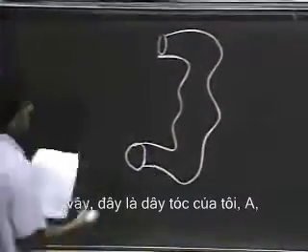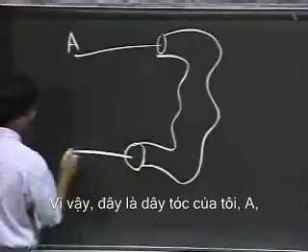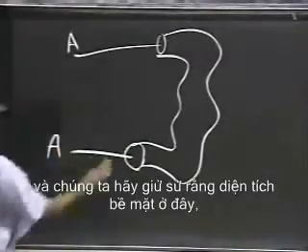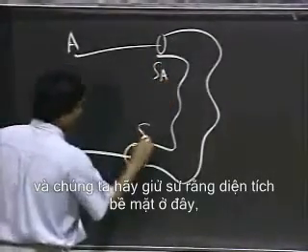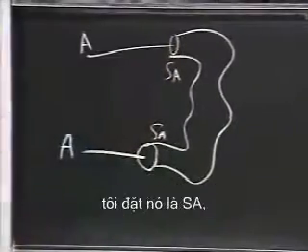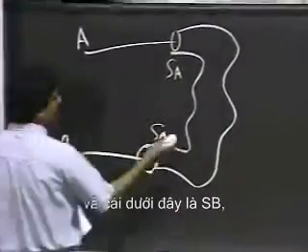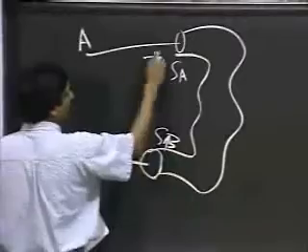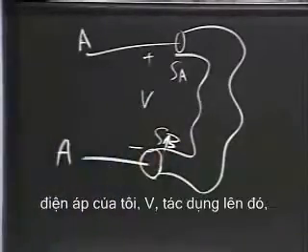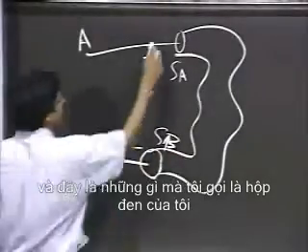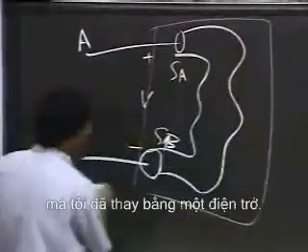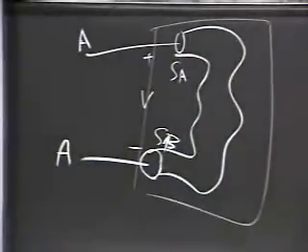So here's my filament, A, and let's say that the surface area here, I labeled that SA, and the one down here as B. My voltage V applied there, and this is what I call my black box that I replaced with a resistor.